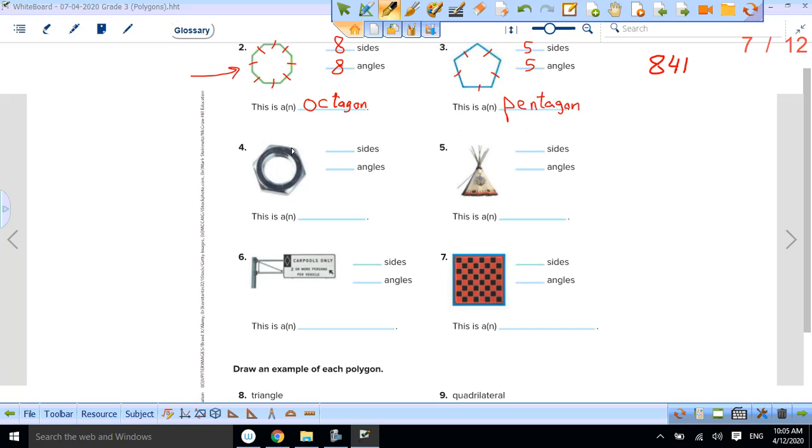This one has how many sides and how many angles? 1, 2, 3, 4, 5, 6. It has 6 sides and 6 angles, so it is a hexagon. This one is what? 3 sides and 3 angles, so it is a triangle.